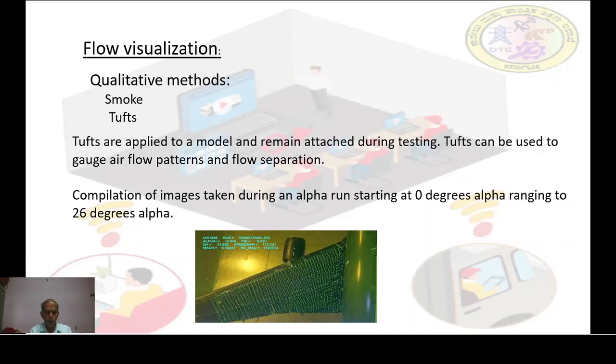Notice how separation starts at the outboard wing and progresses inward. Notice also how there is delayed separation up to the needle.